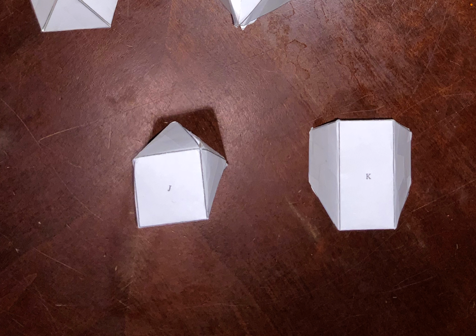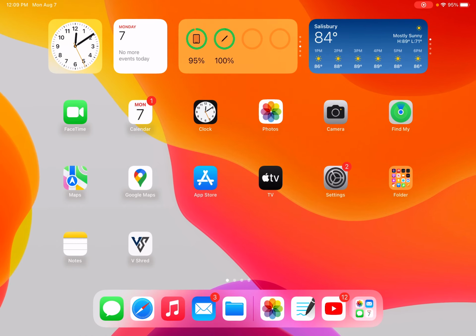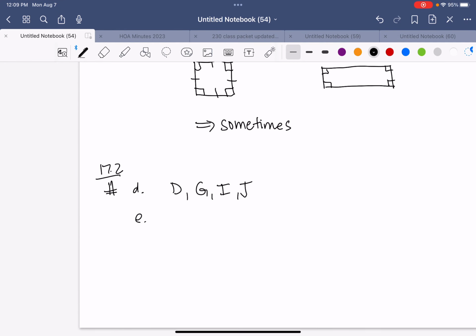So J would be on my list. Same thing here for K. Those two rectangles are actually parallel, and they're the same size, so they're congruent, but what's between them is trapezoids, and that's not parallelograms, so this does not count as a prism. So J and K are going to be the ones that we list here.